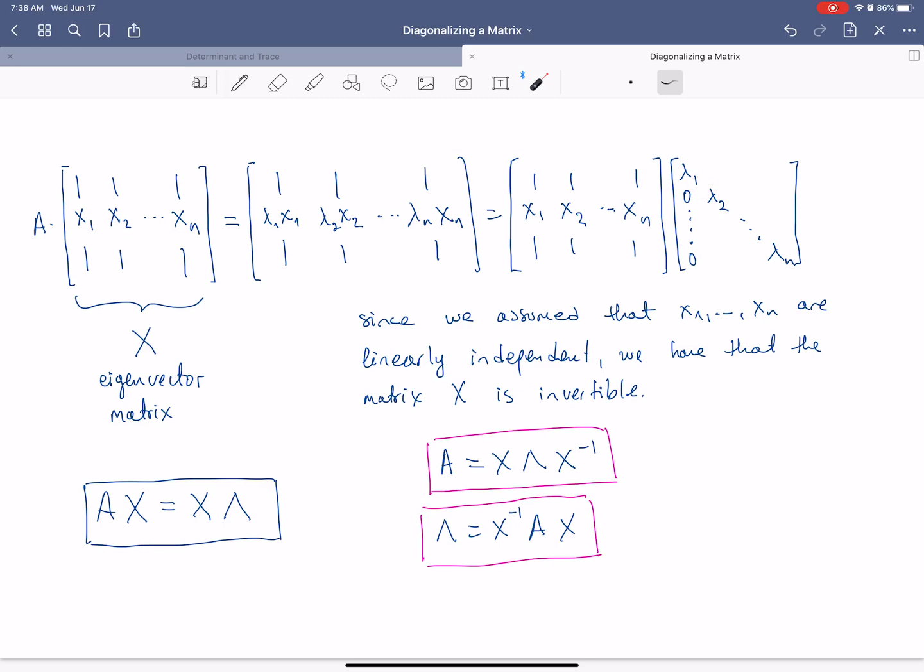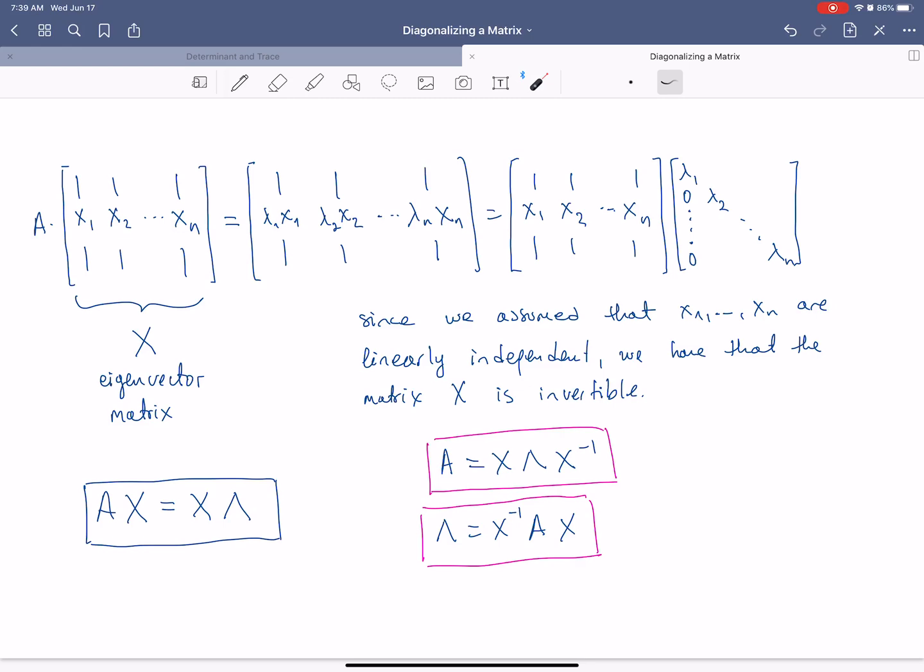Because if I relabel these things, it doesn't change the fact that this lambda multiplies the first column and therefore it has to be in the 1, 1 position. This lambda multiplies the second column, therefore it needs to be in the 2, 2 position. So we can have actually n factorial different diagonalizations by using the exact same vectors.